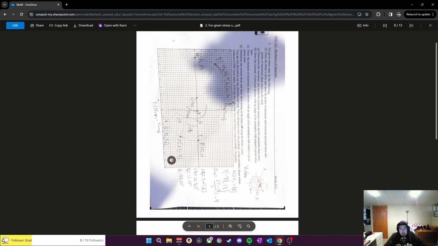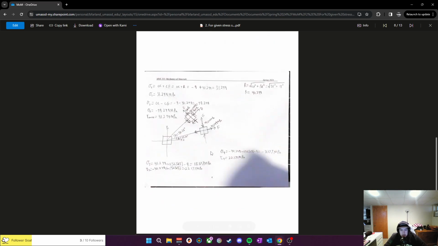I did the minus 9 because the center of the circle is 9 to the left of the origin. That ends up being 13.177 megapascals.